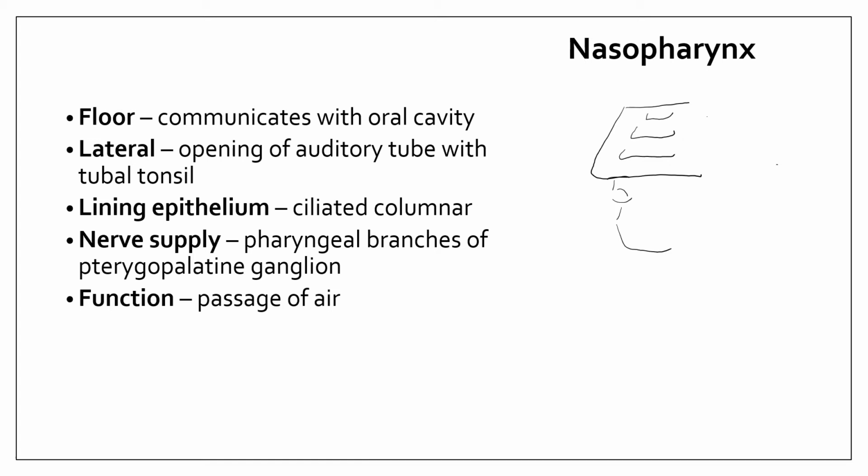This opening of the auditory tube lies just below and behind the inferior nasal concha, 1.25 centimeters behind it. That is the opening by which the auditory tube communicates the nasopharynx with the tympanic cavity and maintains the equilibrium of air pressure on either side of the tympanic membrane.